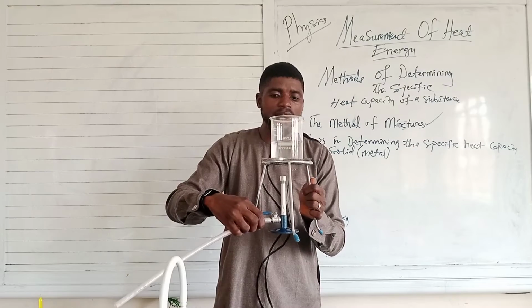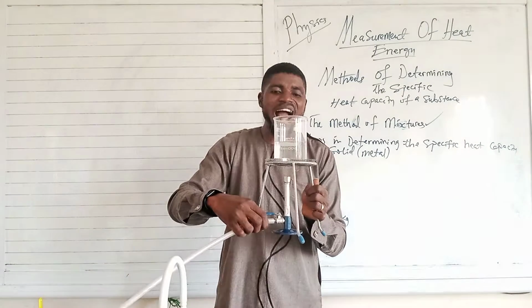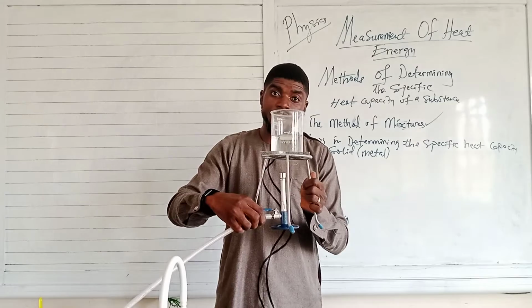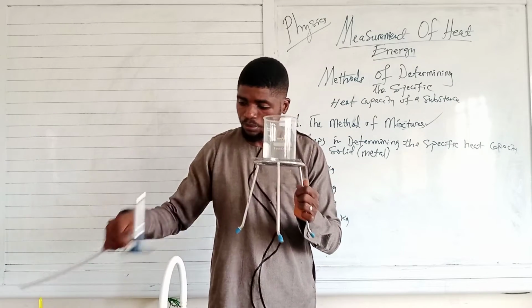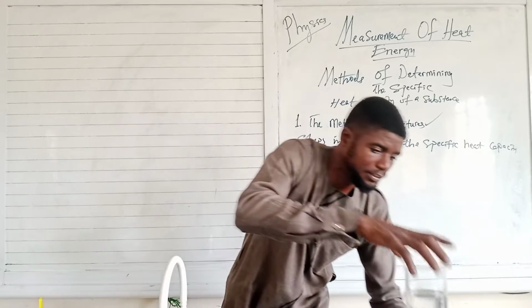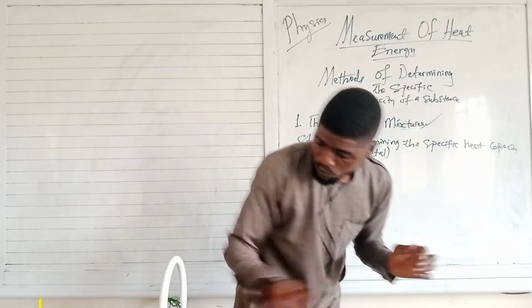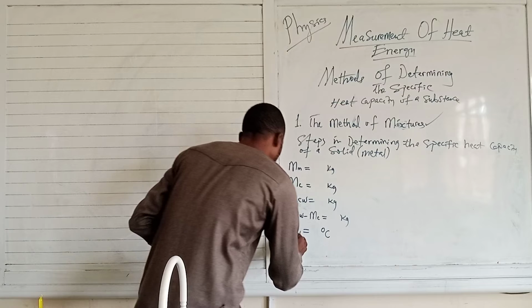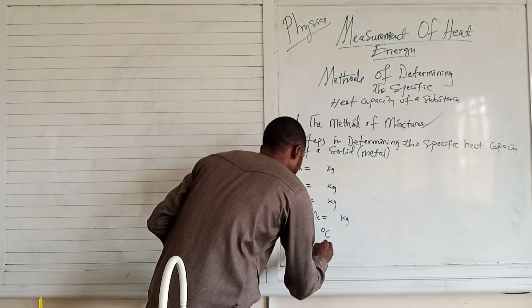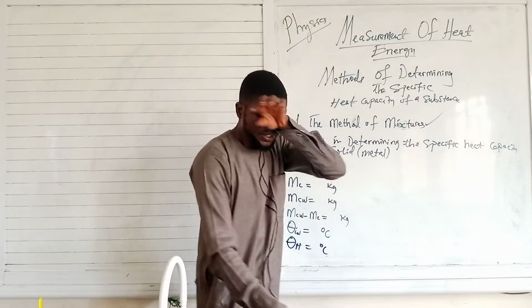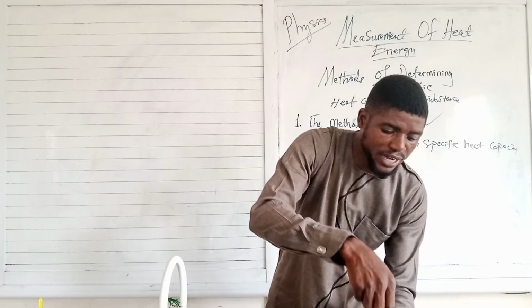You heat this and record the highest temperature. Can you see what I'm doing? And record the highest temperature. So we write theta hot in degree Celsius.